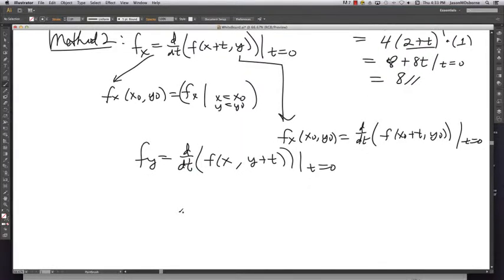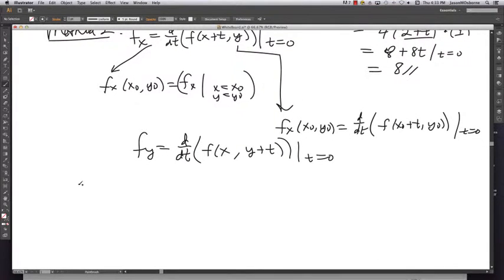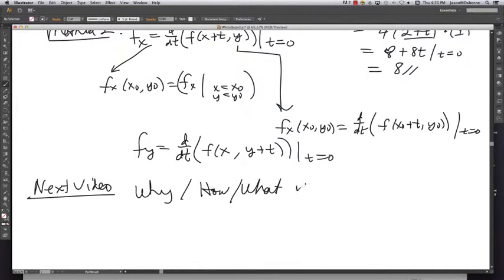So it's probably a good question. The subject of the next video is why and how this is going on with these answers via method 1. What is all this about the derivative with respect to t?